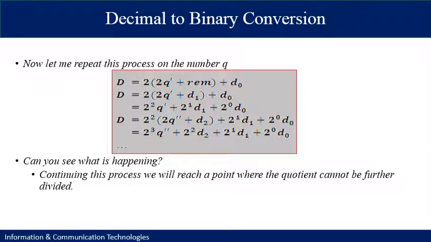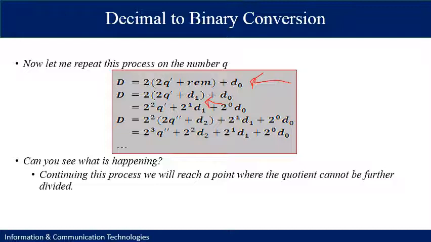So let's repeat the previous process, and again if our number is still greater than 2, we will divide it once again. In the first step we got the digit d0, and if we divide the number again we will get our digit d1, and similarly up to dn minus 1.